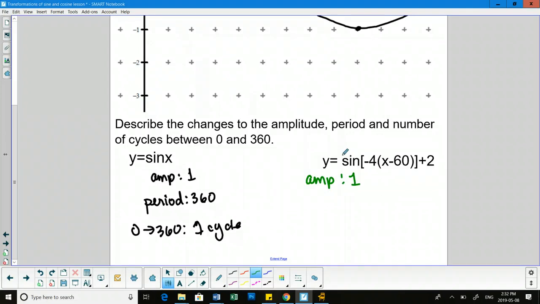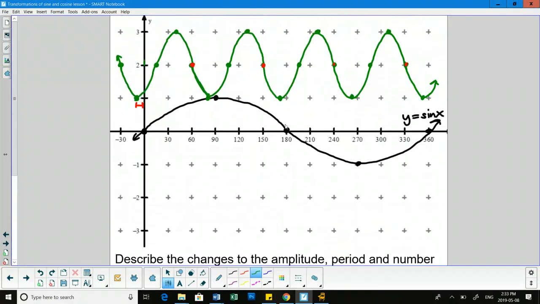Still 1. Period? Yeah, so we can do 360 over the absolute value of k, which is 4, which gives us 90 degrees. We can observe this on our graph as well. If I look from 60 to 150, that's probably the easiest way to see how long my cycle is. Between 60 and 150 is 90.